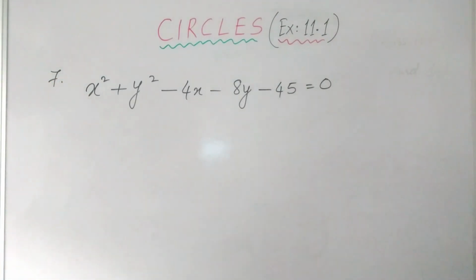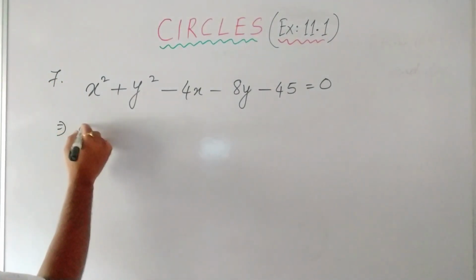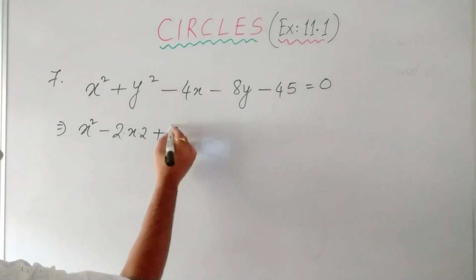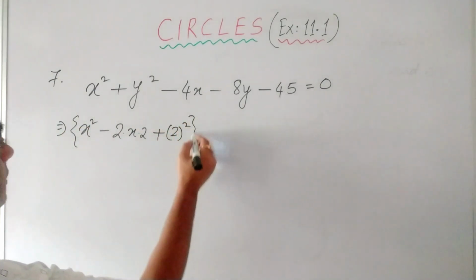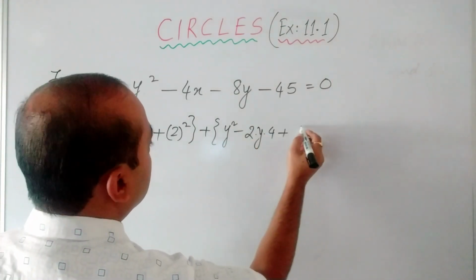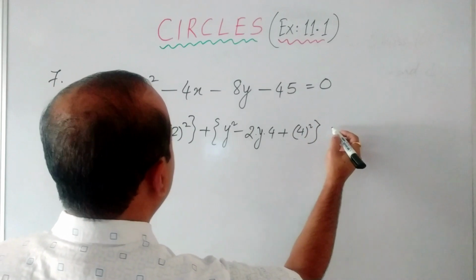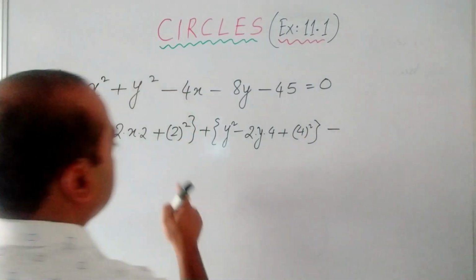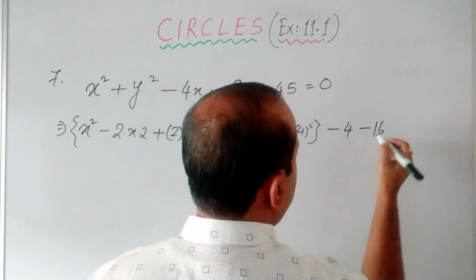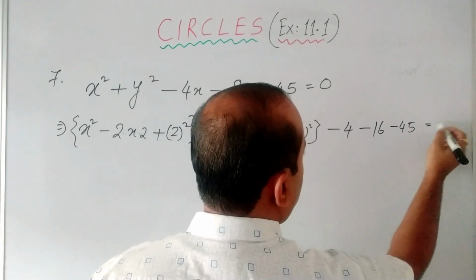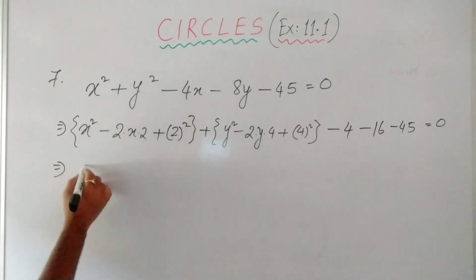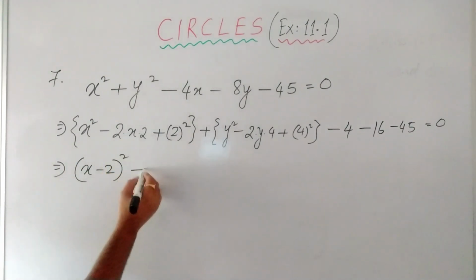Question number 7. This we will write down in standard form: x square minus 2 into x into 2 plus 2 square, plus y square minus 2 into y into 4 plus 4 square. Minus, here 4 we have written extra to subtract it, 16 we have written extra, subtract it, and 45 is already there. So the first 3 terms will become (x minus 2) whole square.